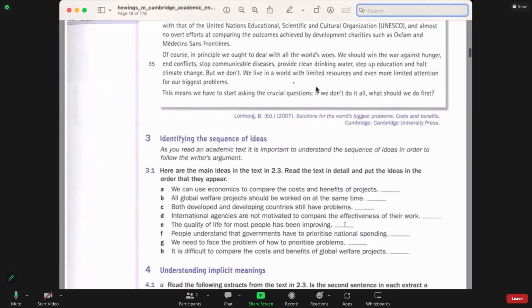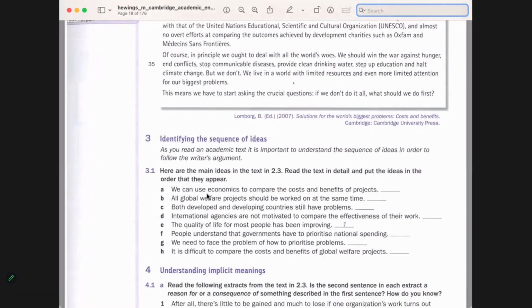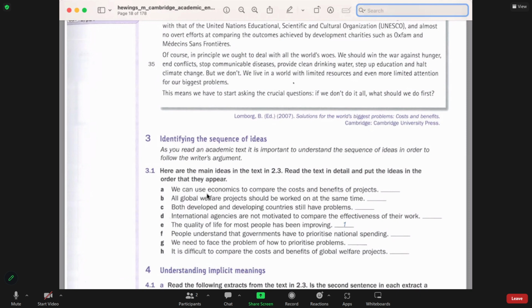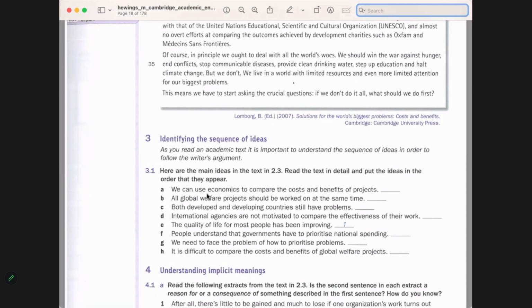Is A, but maybe I don't remember. It was number 3. Okay. So about the problems, yeah, we should win in a war against hunger and conflicts, stop communicable diseases, provide clean drinking water.